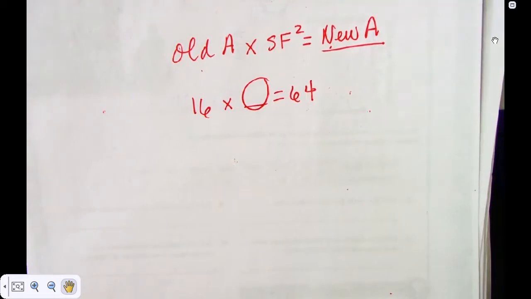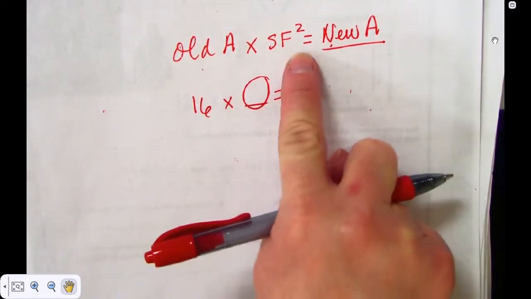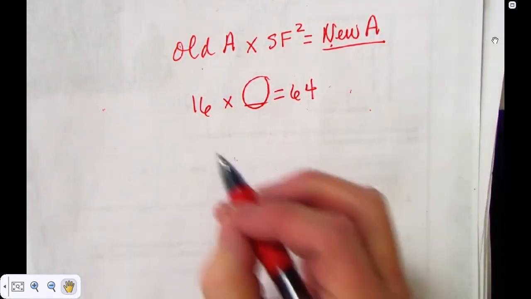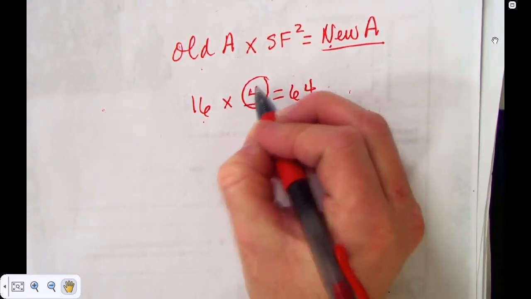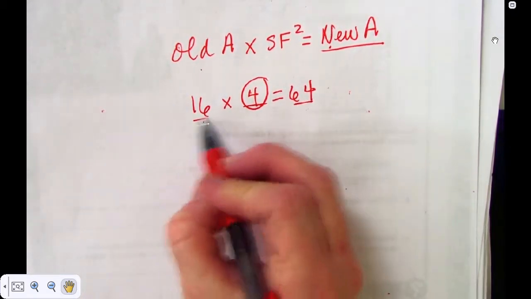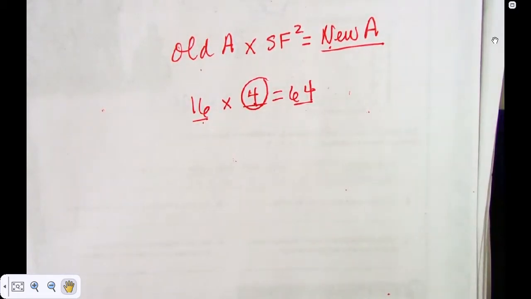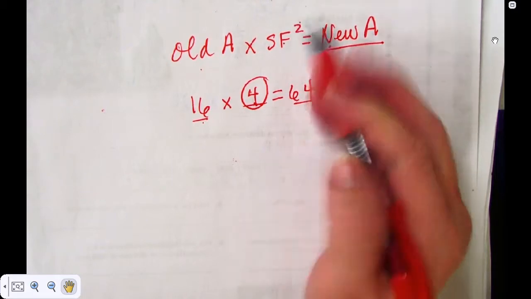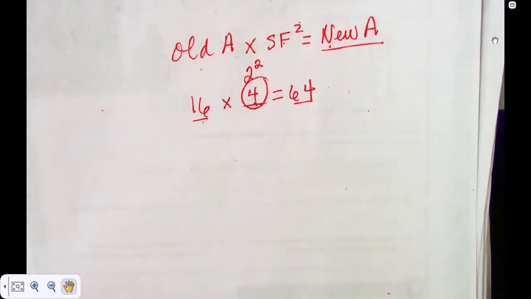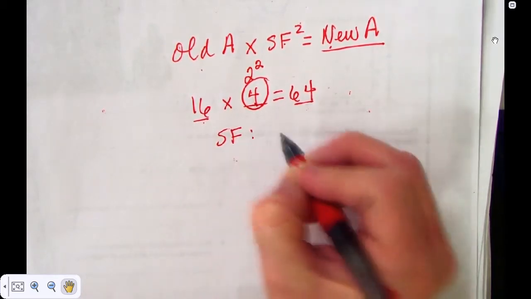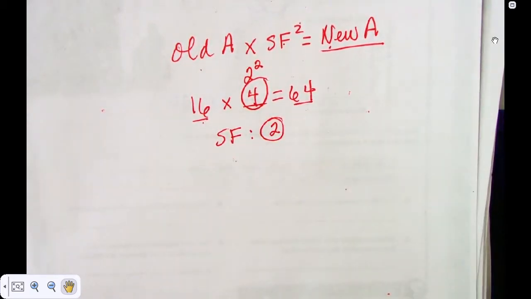And then you have to apply what you've learned. Old area times scale factor squared gives you the new area. 16 times 4 gives you 64. 64 divided by 16 is 4. But that's not the scale factor because you had to take the scale factor and square it. So it will be 2 squared gives you 4. So the scale factor is 2.